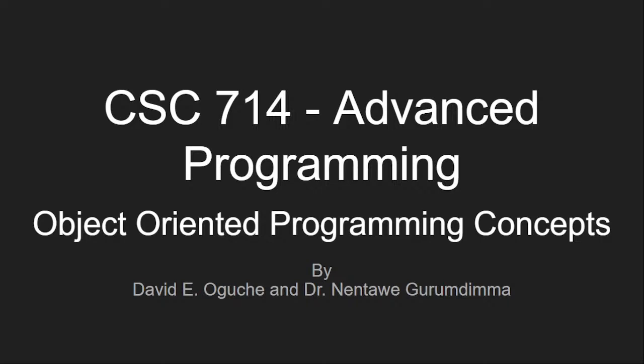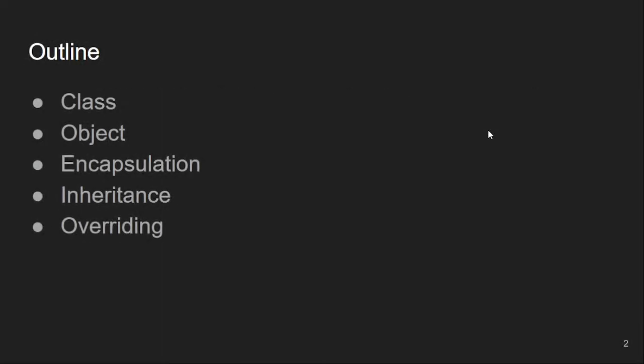Okay, so in our last class, we spoke about functions, I believe. So in today's lecture, we'll talk about object-oriented concepts in Python. Basically, what we'll cover is the concept of a class and an object.